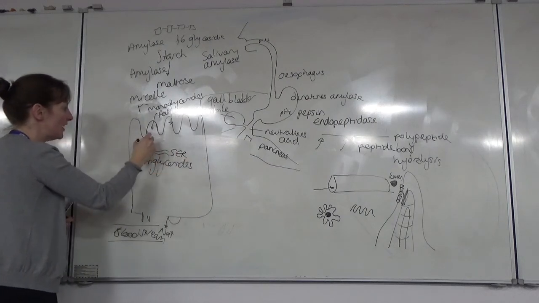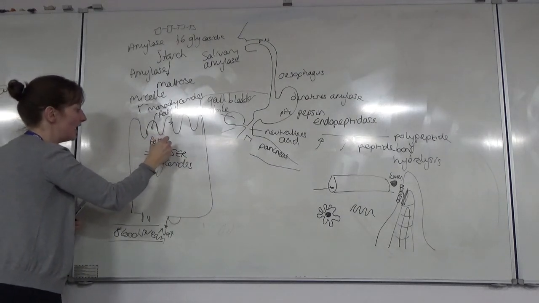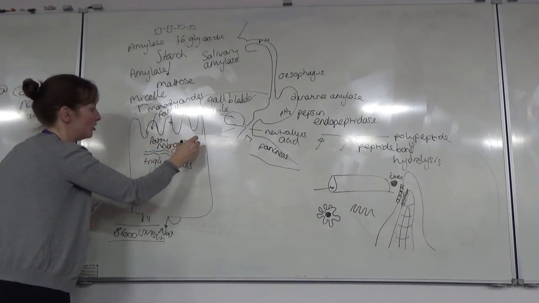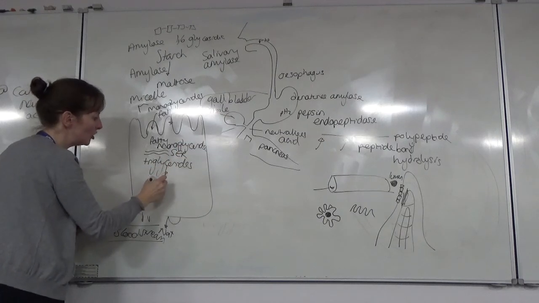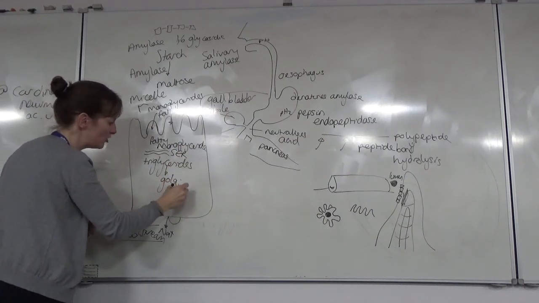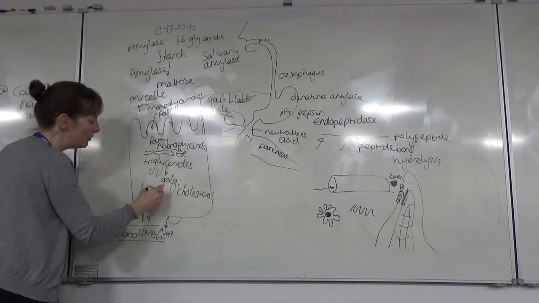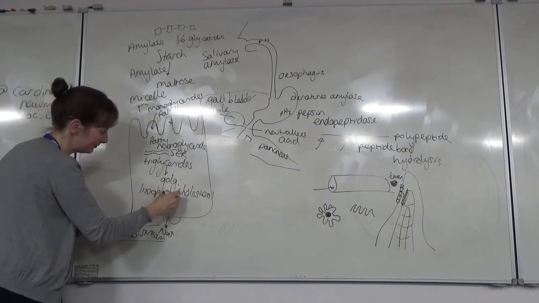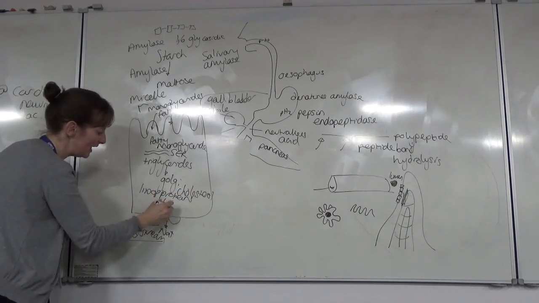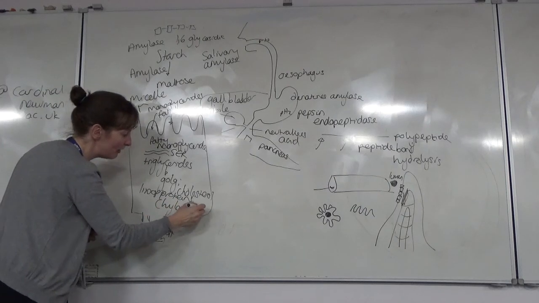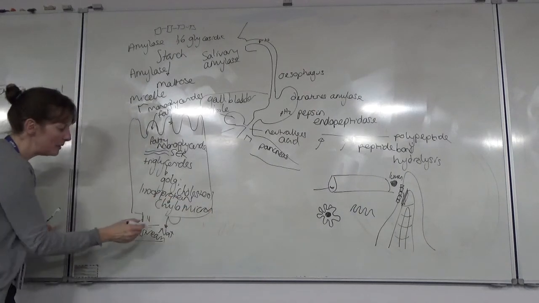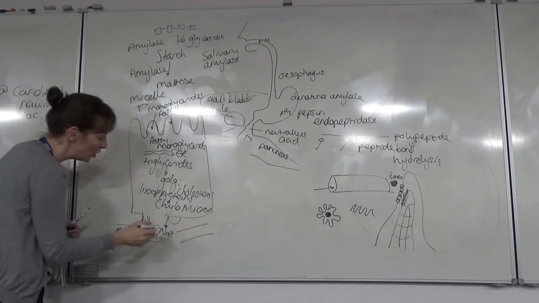So you make these fatty acids and monoglycerides back into triglycerides. They will then go to the Golgi, where they will have cholesterol added and lipoproteins, and that will make a chylomicron.